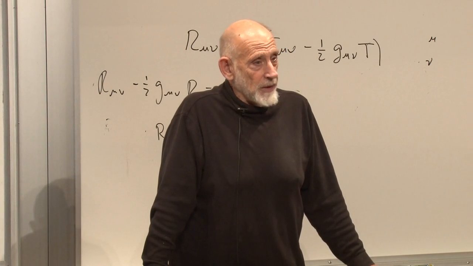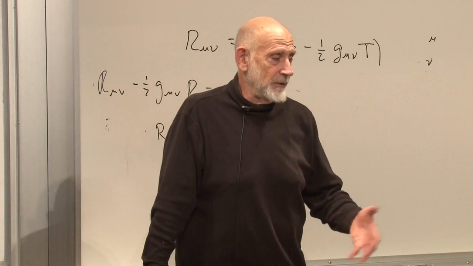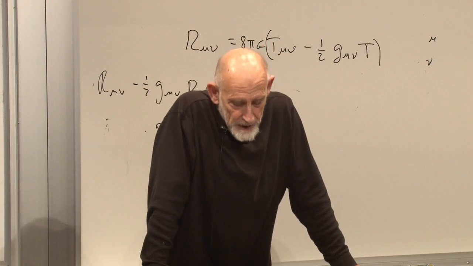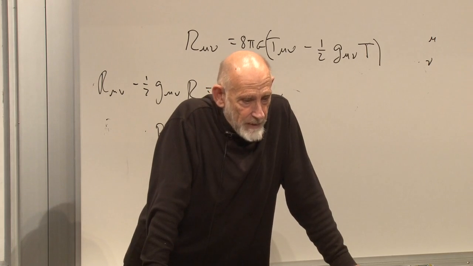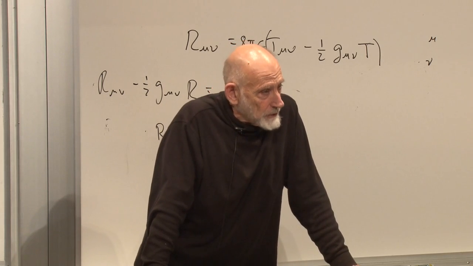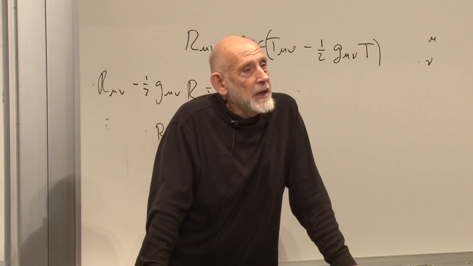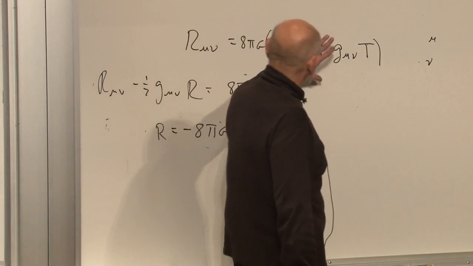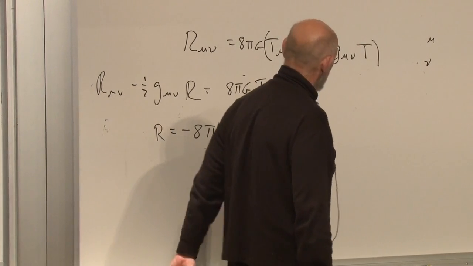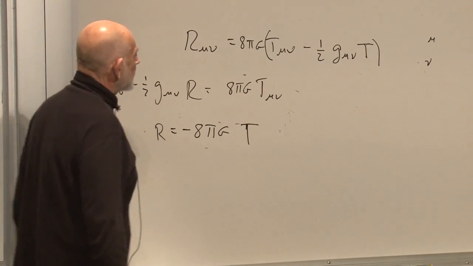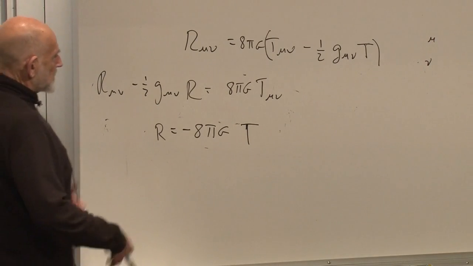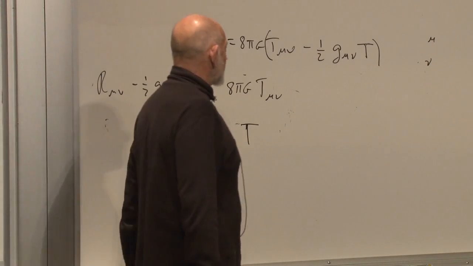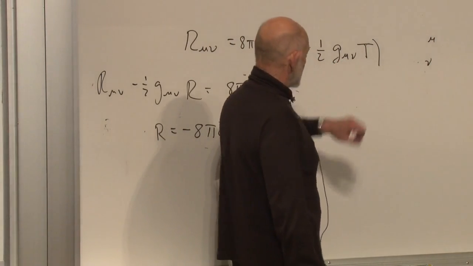It's 0 for massless particles like photons or gravitons. For electromagnetic radiation, T would be 0. For particles with mass, the energy momentum tensor, this thing is not 0.